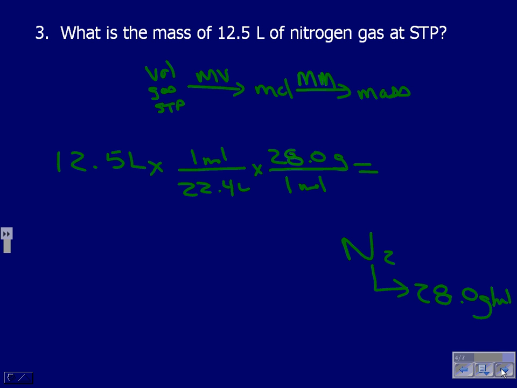Nick? 15.6? 15.6 grams. Okay? So essentially I've defined a new conversion factor for you, and we can use it when dealing with gases at those particular pressures and temperatures.